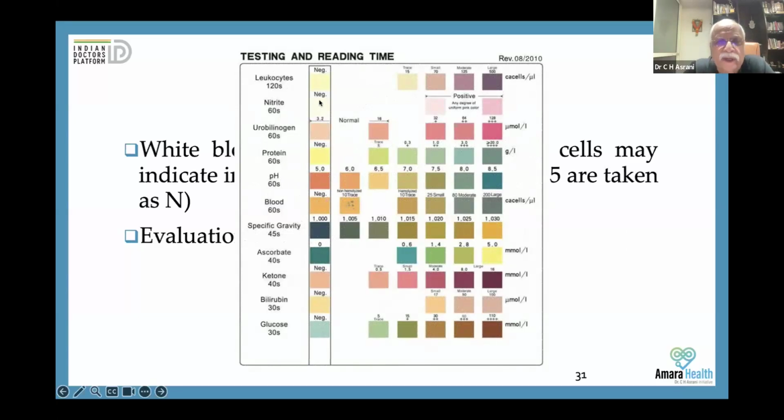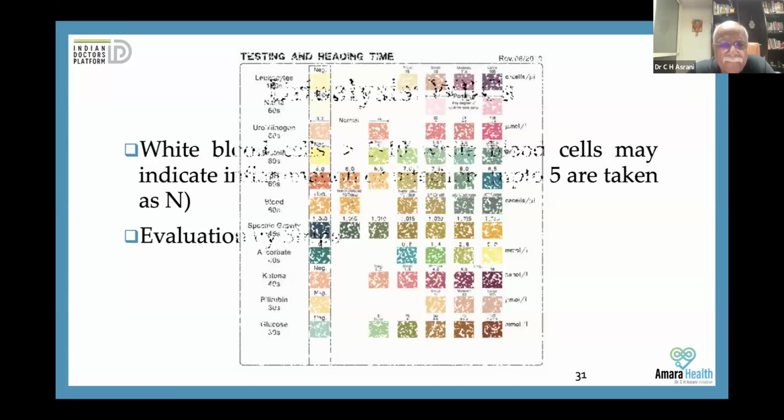The person who's looking at it has to see the color of 11 level variables in a matter of 20 to 30 seconds. Otherwise, the colors change. So for us, although it may say it can give us everything, I would still depend on a lab report rather than a strip report.